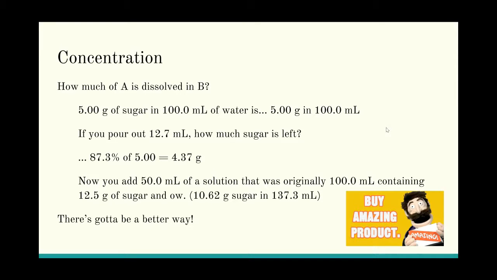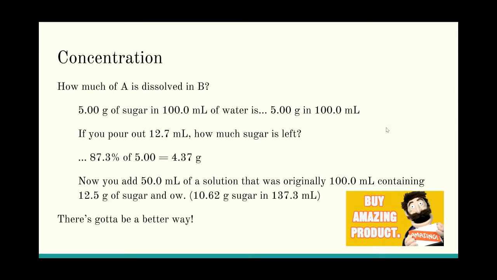Now, let's say you take 50 milliliters of another solution that was originally 100 mils with 12.5 grams of sugar in it. Well, that's 10.62 grams of sugar in 137.3 milliliters. You can double check my math on that. I did, and I'm right because I'm awesome.